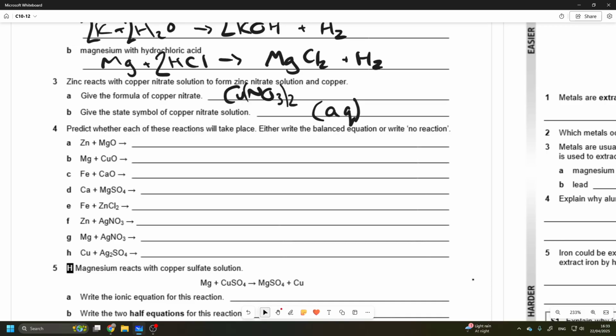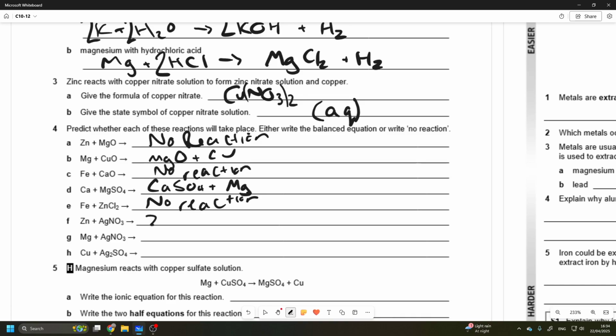Predict whether these reactions will take place. Right, either the balanced equation, right, zinc is less reactive, so that's no reaction. Okay, that'll make MgO plus Cu. Calcium is more reactive, so that's no reaction. Calcium is more reactive, so that will make CaSO4 plus Mg. Iron is less reactive, so that's no reaction.